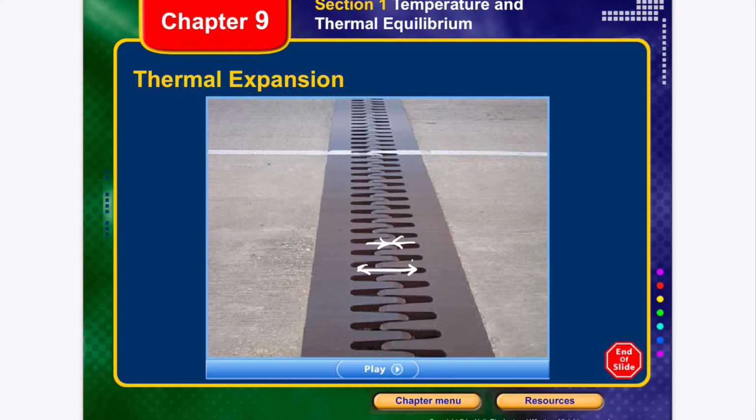Therefore the bridge stays intact rather than undergoing compression or tension. These types of wavy joints are generally used for bridges and heavy roads to make sure that they do not undergo any damage due to temperature.